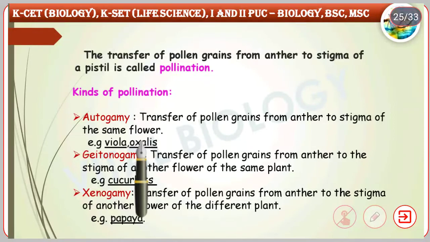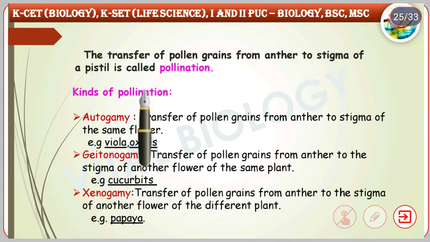As I told you, the transfer of pollen grains from the anther to the stigma of the pistil is called pollination. Next, let us go to the kinds of pollination. Mainly there are 3 types of pollination.